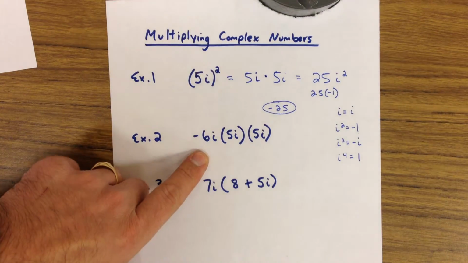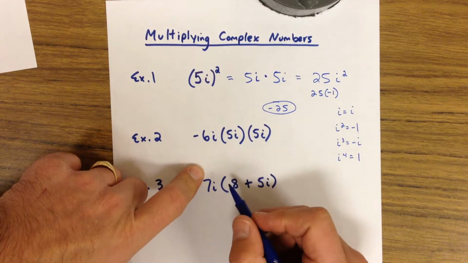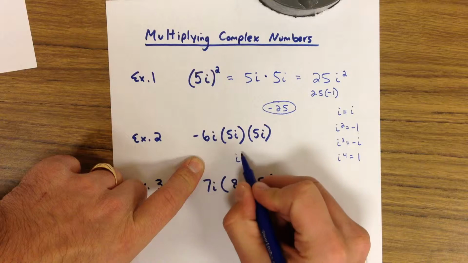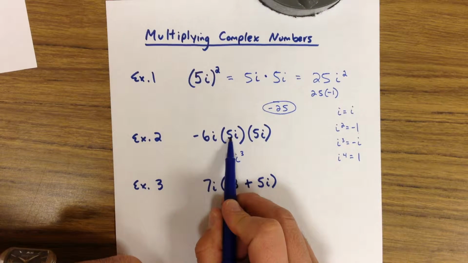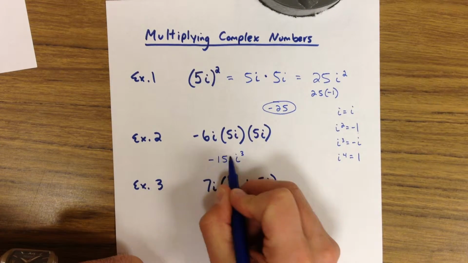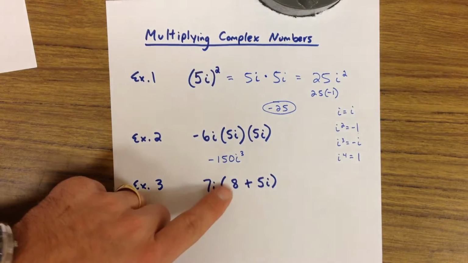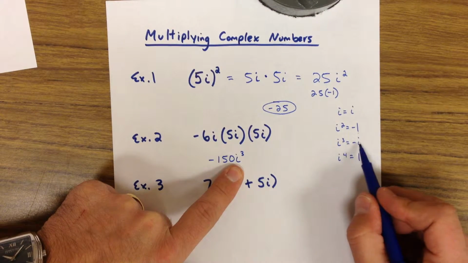Okay, the second example. I have i times i times i, that's going to be i to the third. And then you also have negative 6 times 5, that's negative 30, times 5 is negative 150. Now, again, I don't want to leave it like this because i to the third is really negative i.